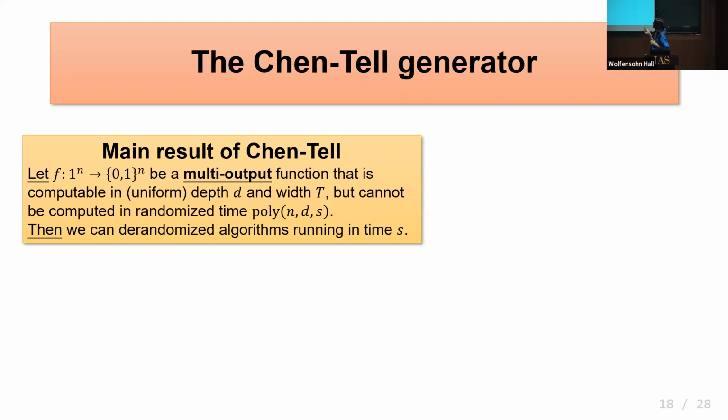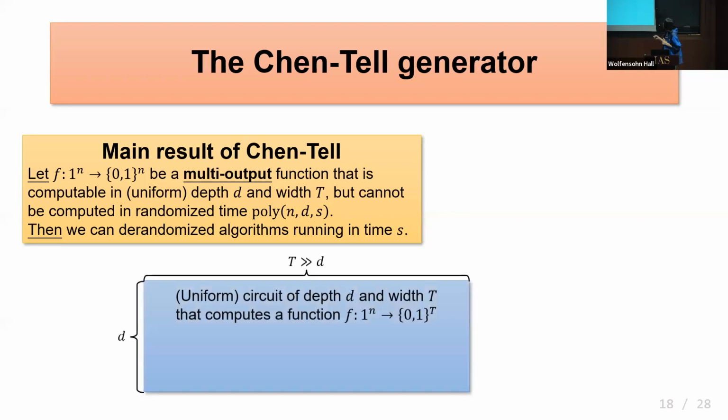Let f be a multi-output function computable by a small circuit. Think of this blue box as the circuit computing f, which has low depth. Let's say the top row is the output of f, where only the first n bits make sense. The circuit is highly parallel, with low depth D, and the width is capital T, which is much greater than D.